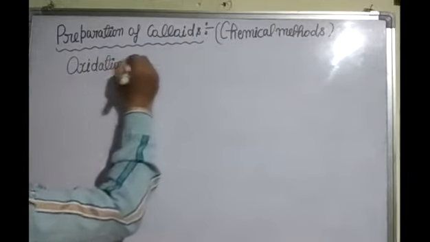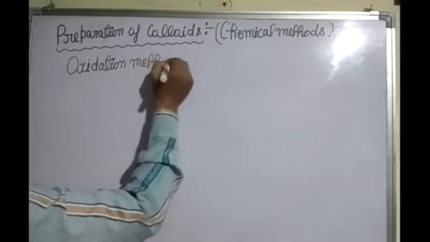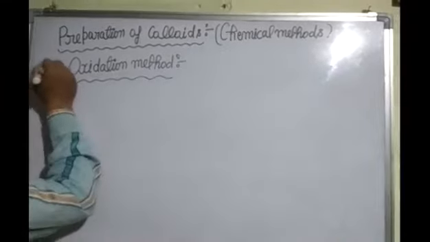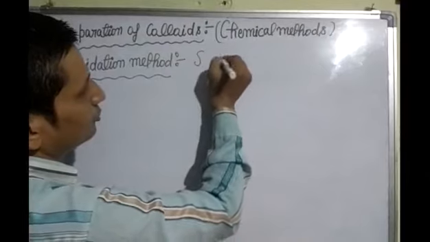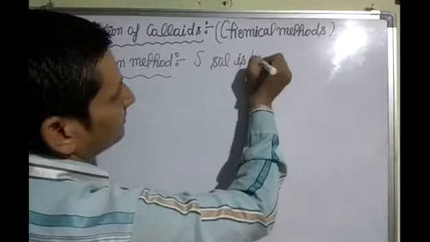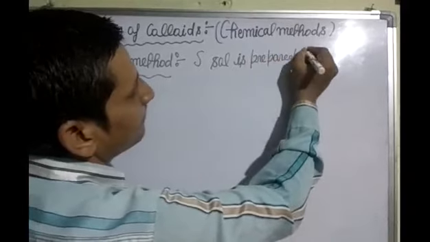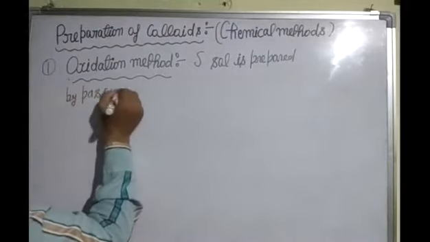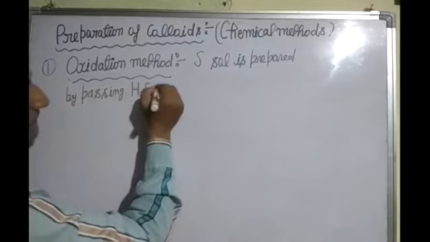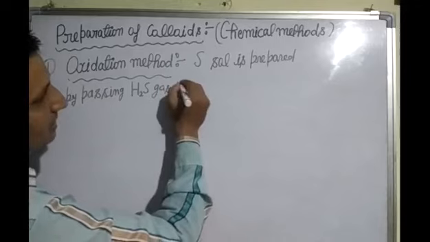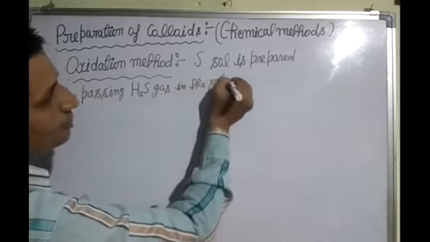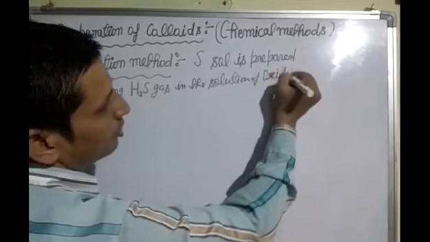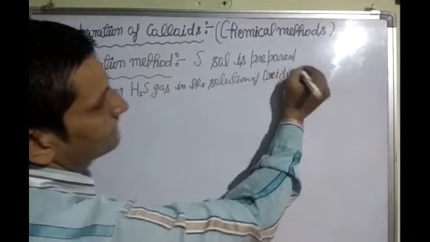What is oxidation method? Sulfur sol is prepared by passing hydrogen sulfide gas in the solution of oxidizing agent.